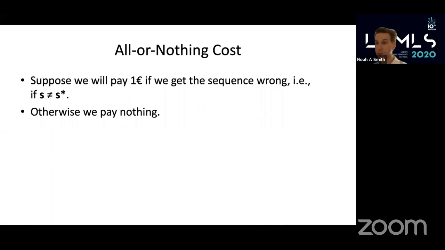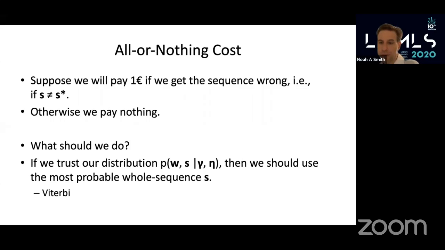So here's the first version of cost. Suppose that if you get the sequence wrong at all, even one word, if you don't get it 100% right, you pay €1. Otherwise, you pay nothing. This is called all or nothing, because you either get it all right and you pay nothing, or you get it even a little bit wrong and you pay a full €1. And here's my claim. I'm not going to offer a proof, but there is one.